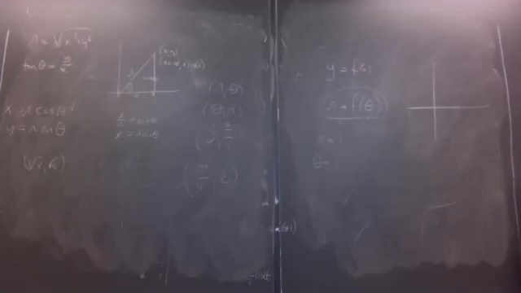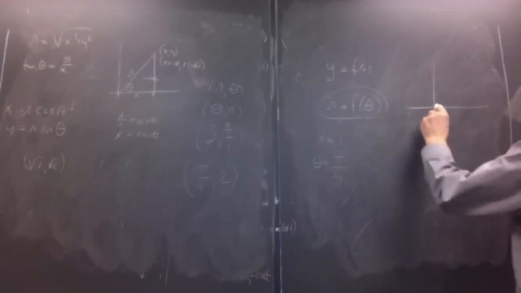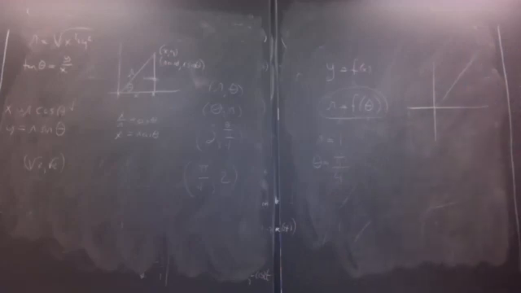Now, if r can only be positive, you wouldn't get a whole line through the origin, you'd only get a ray through the origin, stopping at the origin. Okay? So I told you you have to decide whether the r is positive or can it be negative. If I'm saying theta is pi over 4 to make it easy, and r has to be positive, I only get this.